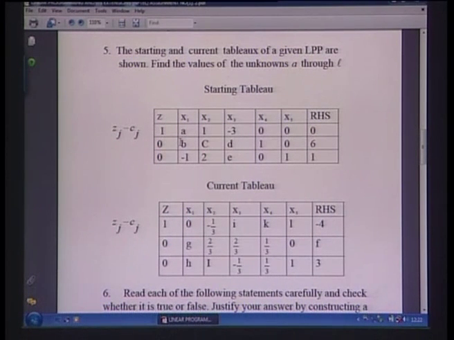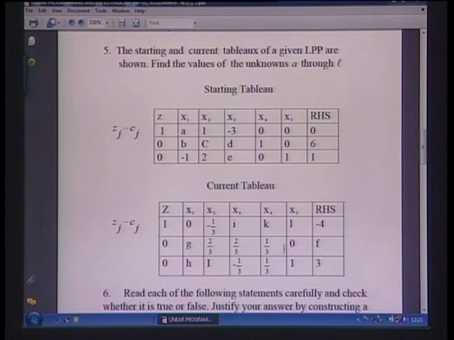Let me see if we can check some more. Say, for example, under column 2 you have a C. So this is your A2, right? And in the current tableau, what you have is B inverse A2. Since you have B inverse already with you, the B inverse is given here, 1 by 3, 0, 1 by 3, 1.